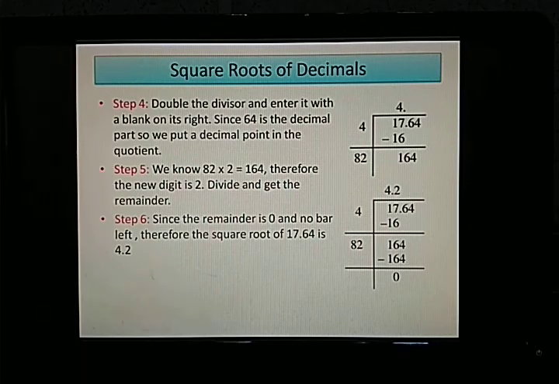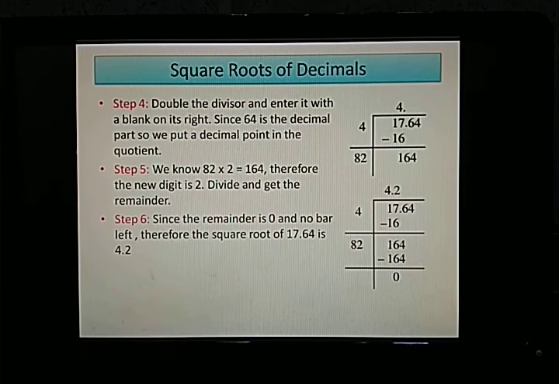The method is similar, and we do it until we get the remainder as 0. As soon as we get the remainder as 0, whatever is in the quotient will be the square root of that number. In case of decimals, when we bring down the decimal part, we have to put a decimal point there. This is the only difference between the square root of normal positive numbers and decimal numbers.